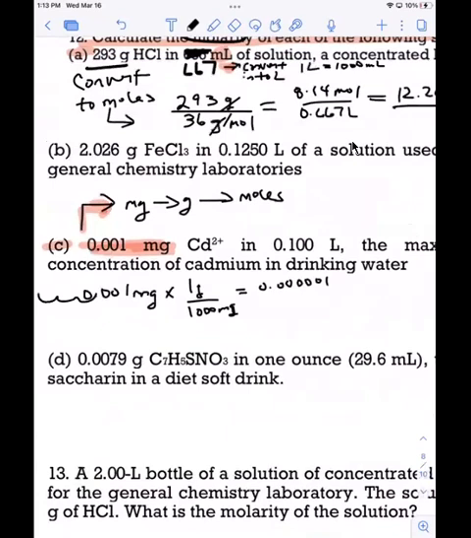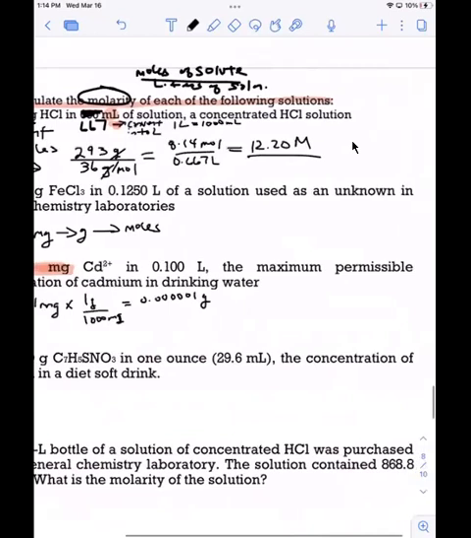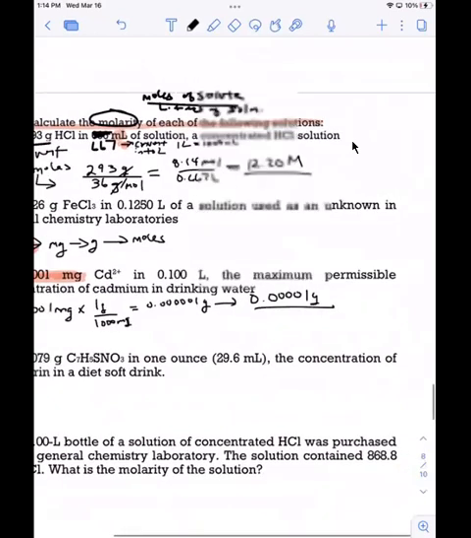So this is in grams. Now I need moles. How do I get the moles? What do I need now?